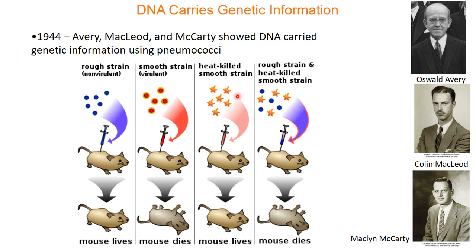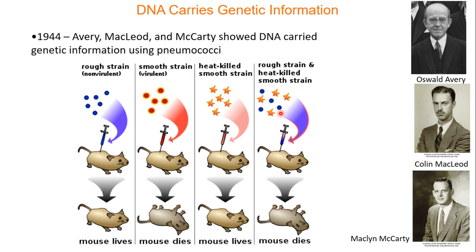If you take smooth strain, but you kill all the bacteria with heat, the mice live. However, if you take this heat-killed smooth strain and mix it with the rough strain, the mouse now dies. And this is suggesting that there's something in this heat-killed smooth strain that the rough strain is taking up and transforming into the smooth strain.